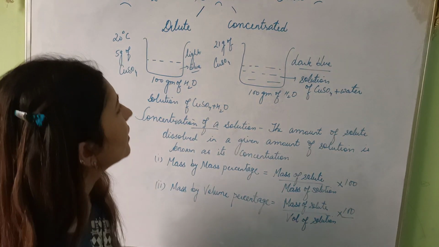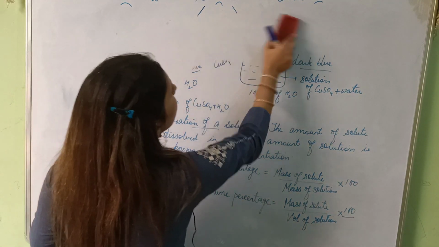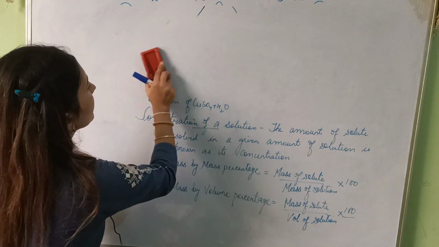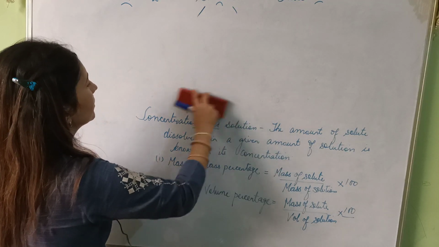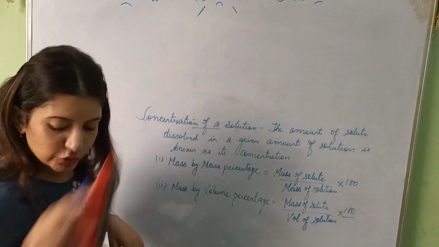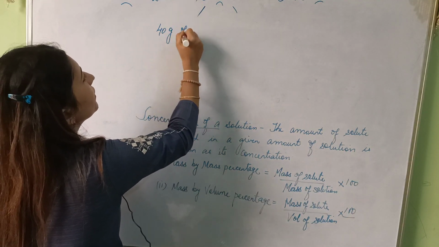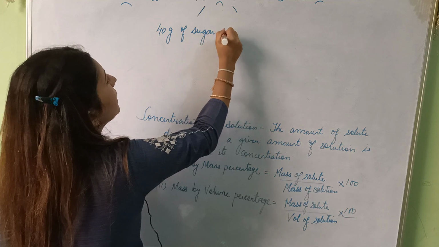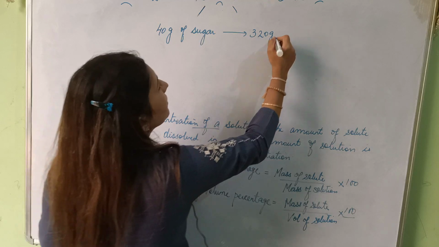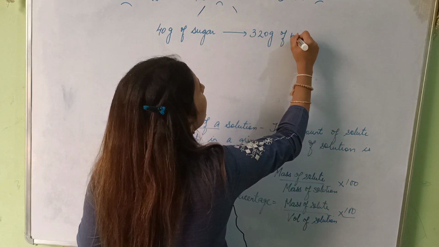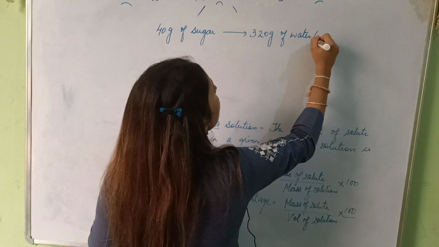Now we'll do one numerical related to this. Suppose in a solution, एक solution है in which 40 gram of sugar is dissolved in 320 gram of solvent, or you can take water or solvent ले लो.